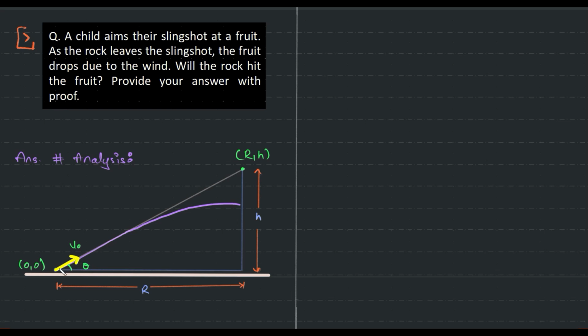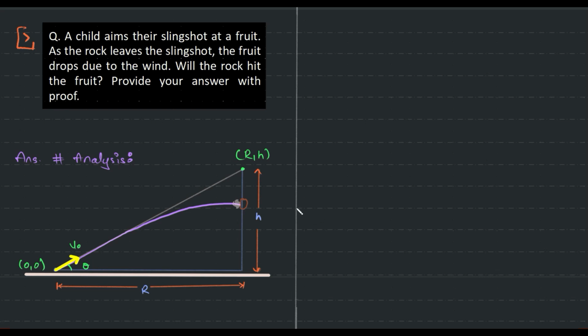When the slingshot ended pushing it, the fruit also started to fall at the same time. We have to check if the fruit and the rock, if this is the rock, and say we have a fruit, will they hit is the question. What do you guys think?